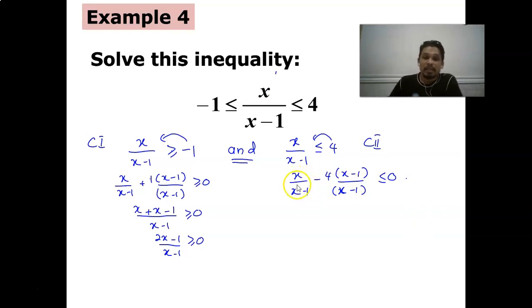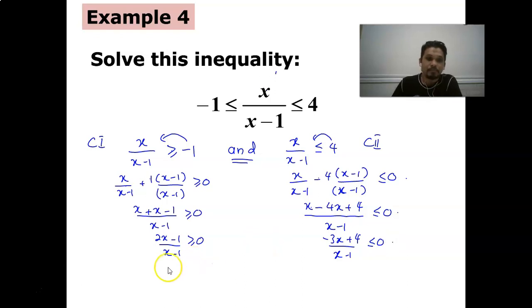Again we have equalized the denominators, so we can simply expand: x minus 4 times x is 4x, negative and negative becomes positive, 4 times 1 equals 4, divided by x minus 1 less than or equal to 0. So x minus 4x, negative 3x plus 4 divided by x minus 1 less than or equal to 0.